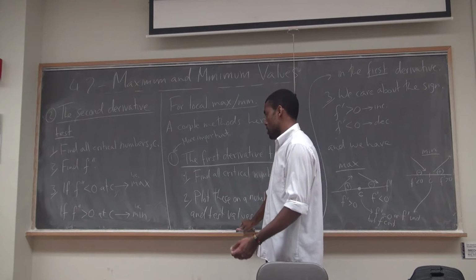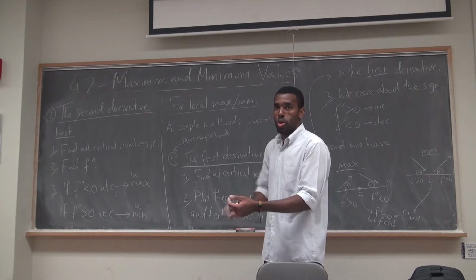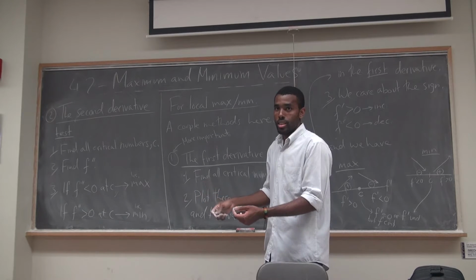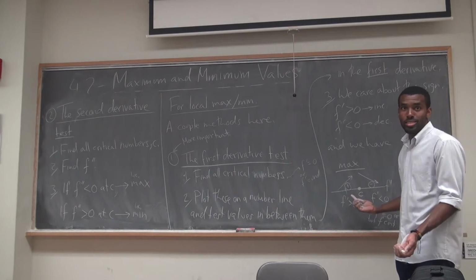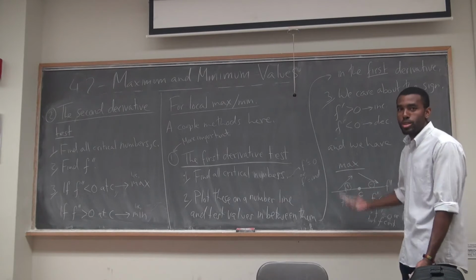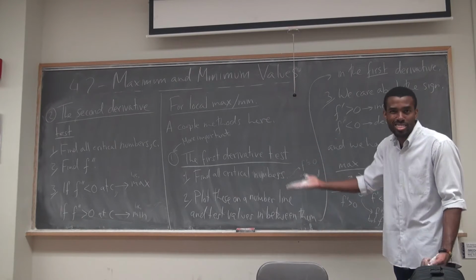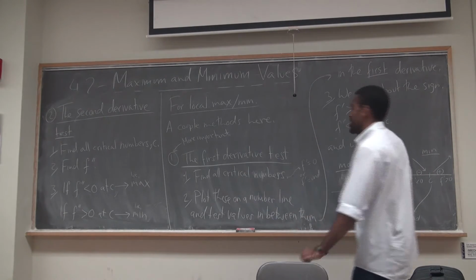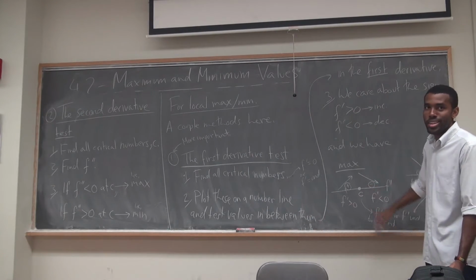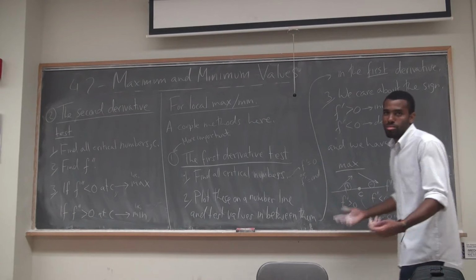So not only maxes and mins will be important, but where it's increasing or decreasing. To figure out where something is increasing or decreasing, you would do this. So if you already went through the trouble to do this, there's no point in doing that. In most contexts where we're actually going to be using this stuff, we'll have to do this sign chart anyway.